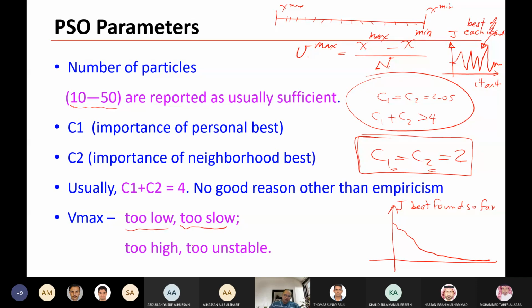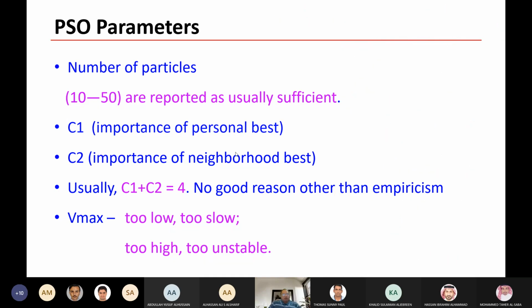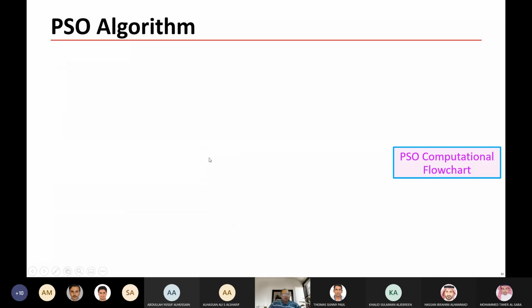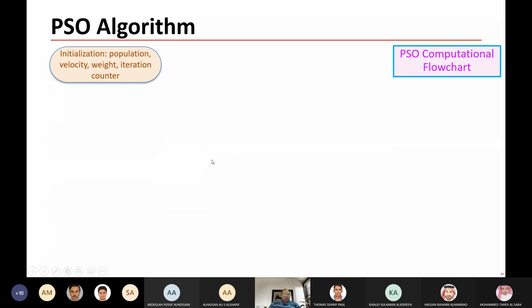So if you have the Vmax too high, then you can face such a case, and the best of each iteration is going ups and downs, and then you are flying here and there in the search space. So these are the particle swarm parameters.